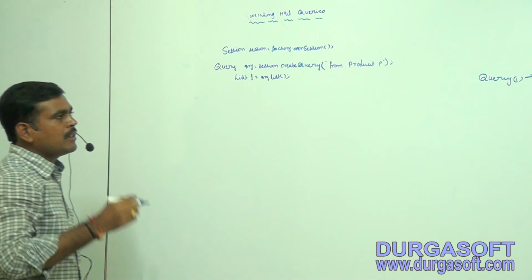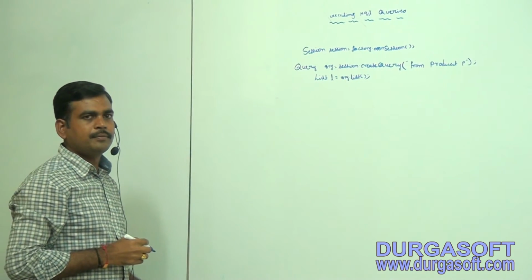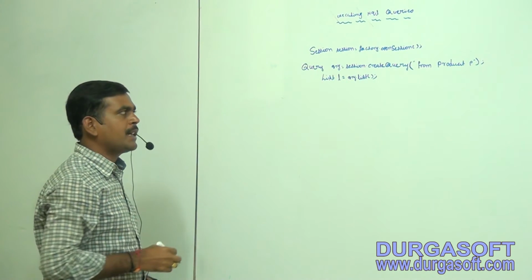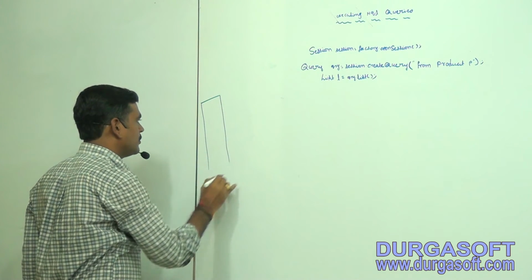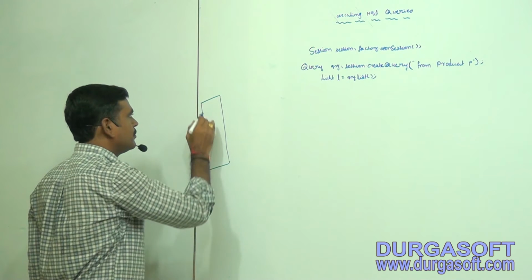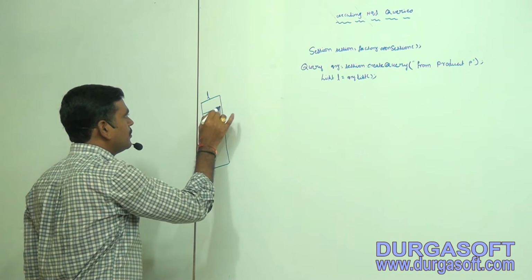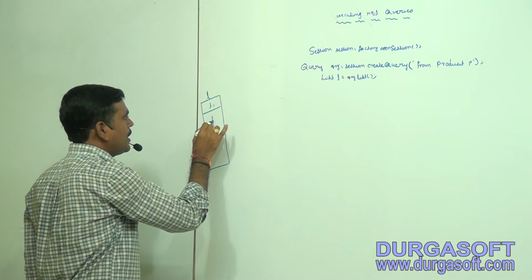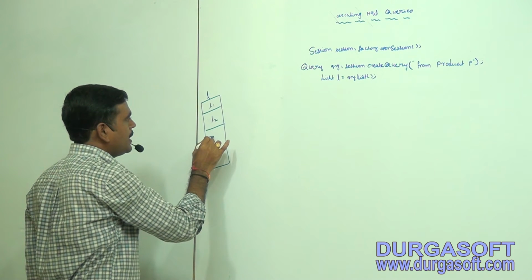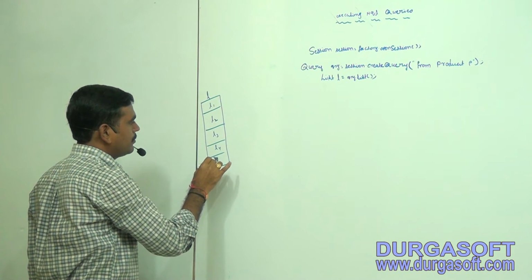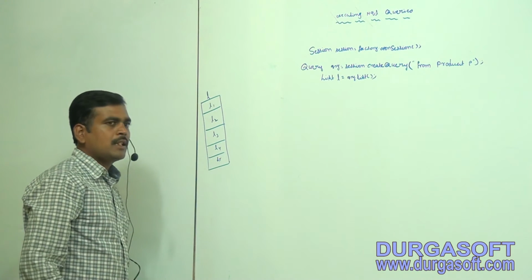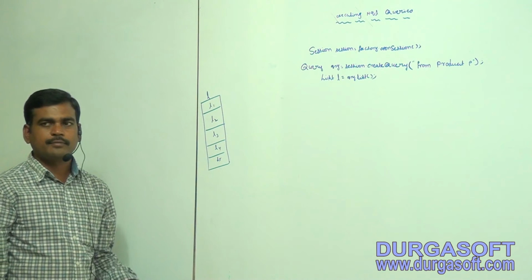Now we are getting the list of objects: L1, L2, L3, L4, L5. Like this, a list of objects we are getting.